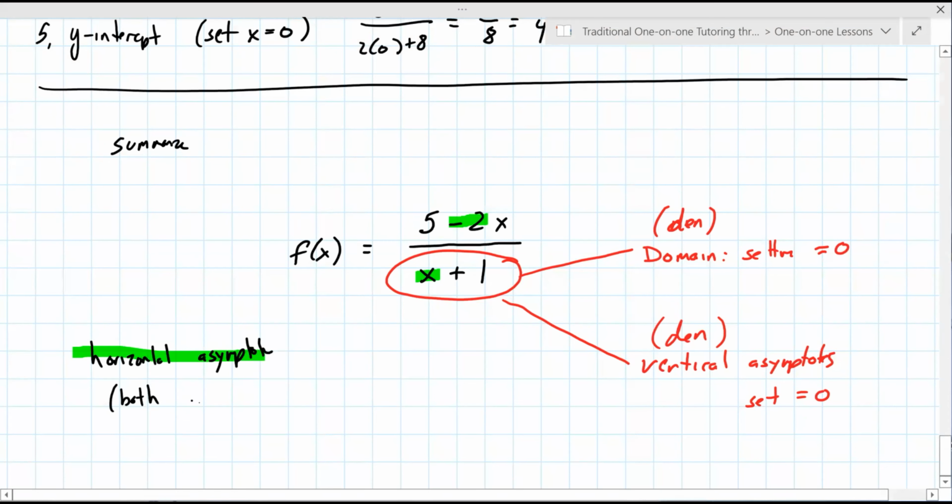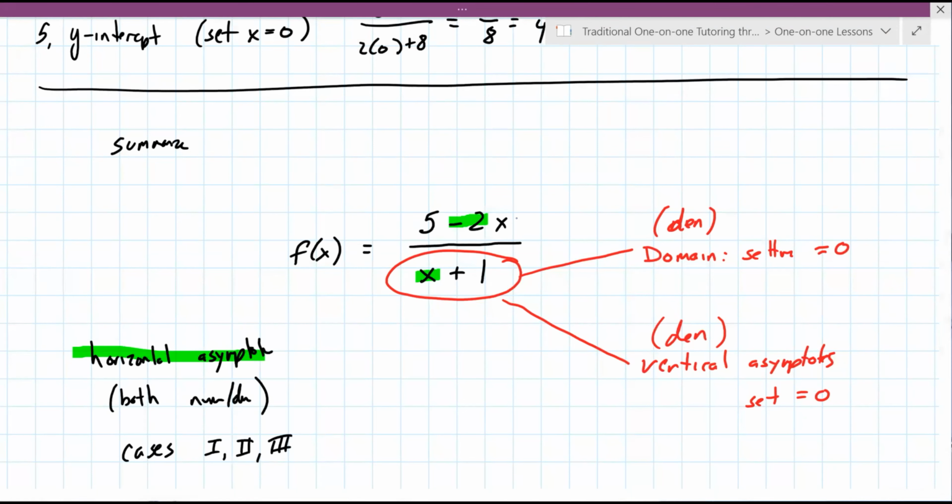If you could only take away one thing from this lesson today, it's hopefully this last few minutes: I have to use the numerator and the denominator for the horizontal asymptote. There are 3 cases. We only covered 2 of them. You will see the third at some point, but we're not going to deal with that right now.